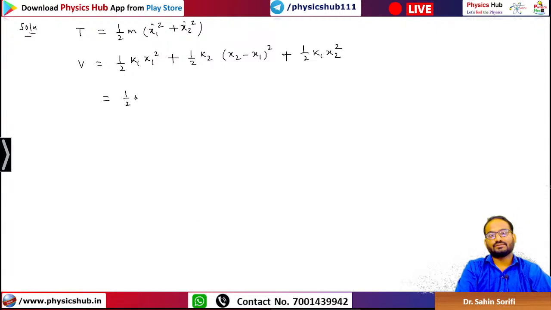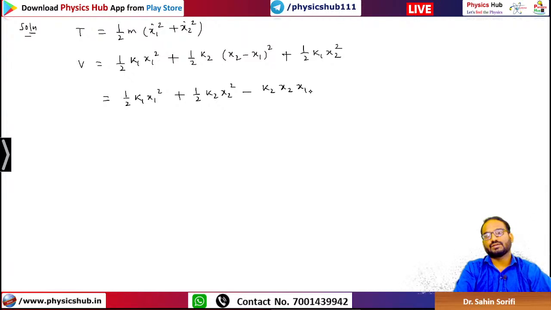So it is half k1 x1 square plus half k2 x2 square minus k2 times x2 x1 plus half k2 times x1 square plus half k1 times x2 square.